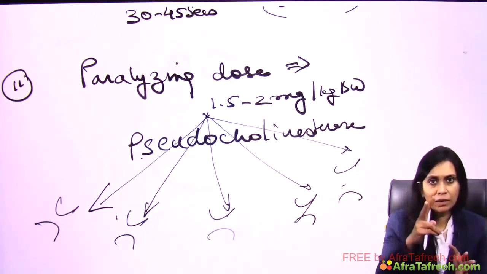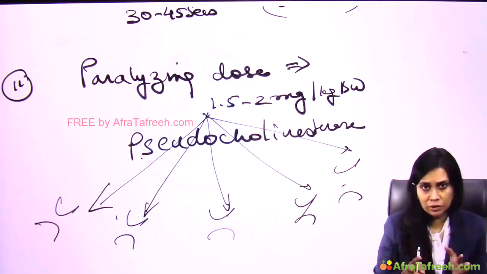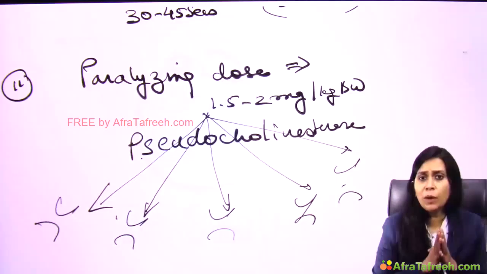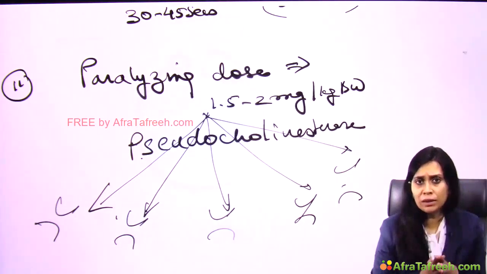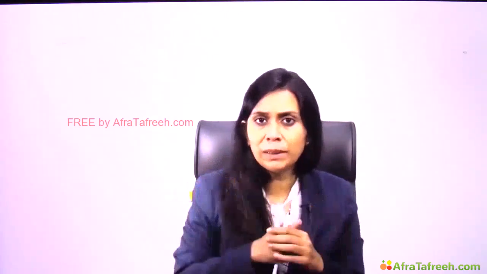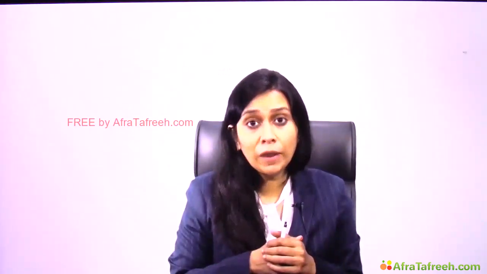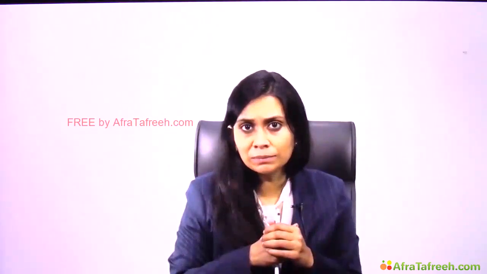This metabolizes only one substrate, acetylcholine, and it's called true cholinesterase. A similar enzyme, butyrylcholinesterase, is manufactured by the liver and released in plasma; it's called plasma cholinesterase or pseudocholinesterase. This is present in plasma and comes in contact with succinylcholine.